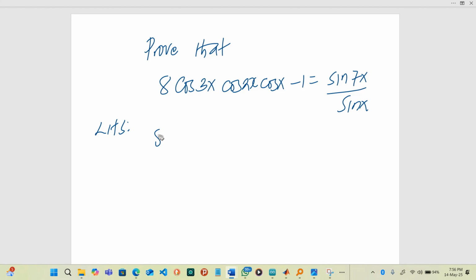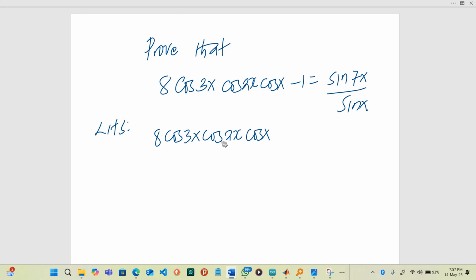So let's look at 8 cos 3x cos 2x cos x. Let's first treat this by looking at when we are taking the trig of an angle when there are more than two angles. For example, taking a cosine of a plus b, a sine of a plus b.